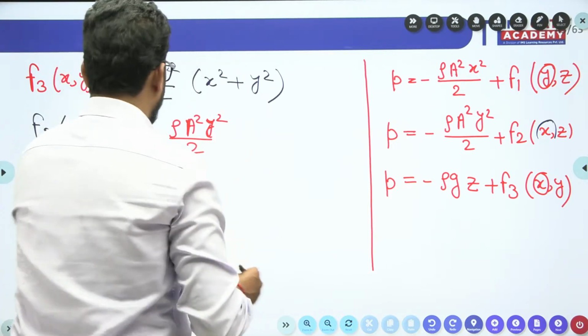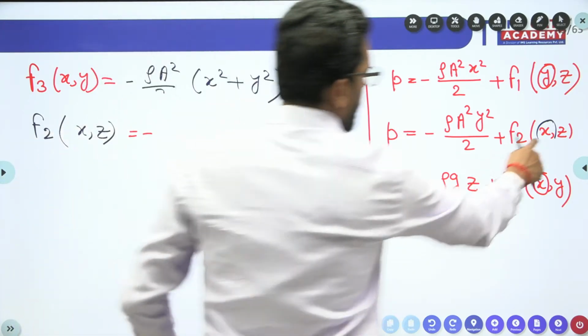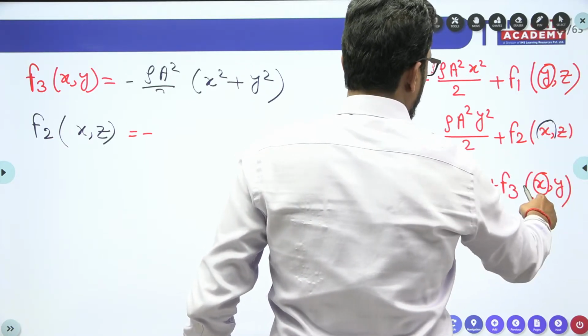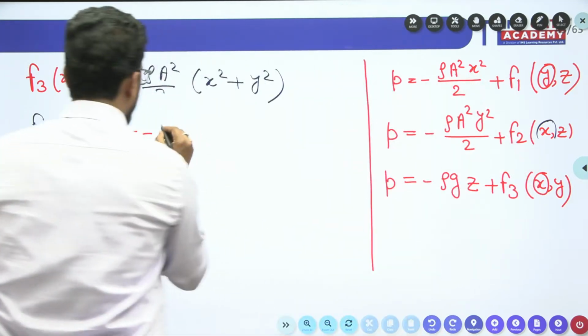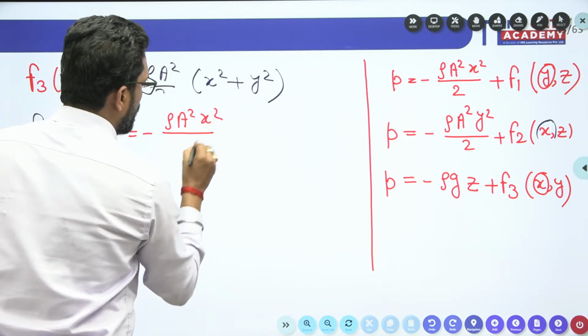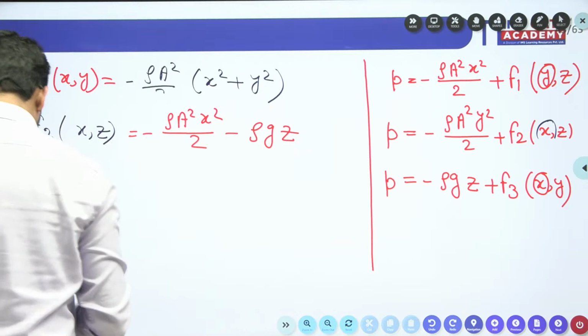F2 XZ: X is there, Z is there. So rho A square X square by 2 minus rho GZ. This is your F2.